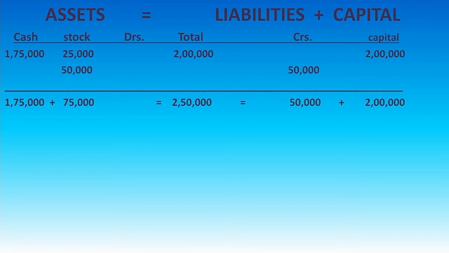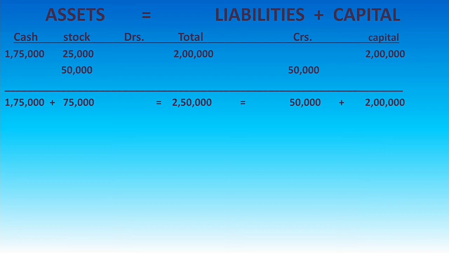As per the previous transaction, the amount payable to Rohit was 50,000. We have paid 48,500 for full settlement. It means the balance amount, 50,000 minus 48,500, that is 1,500 rupees, is the discount received by the business.